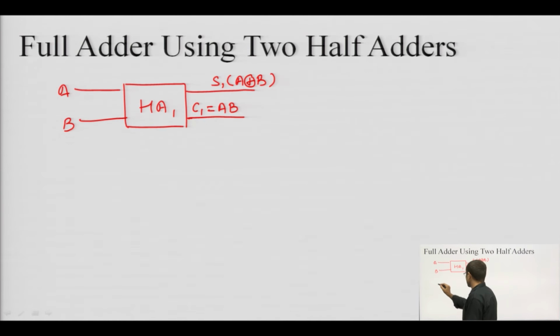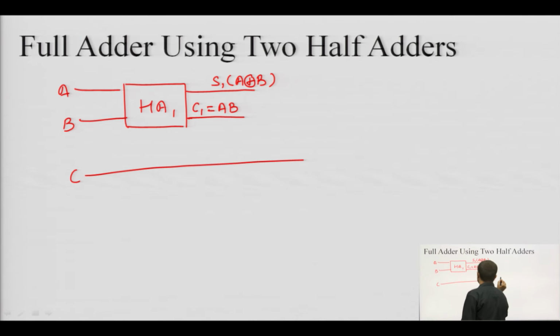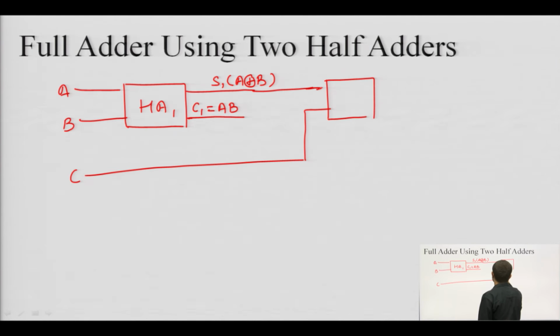Similarly, there is another input C, and this C has to be XORed with the previous sum. So, this will again produce S2 which will be the final sum, and C2.